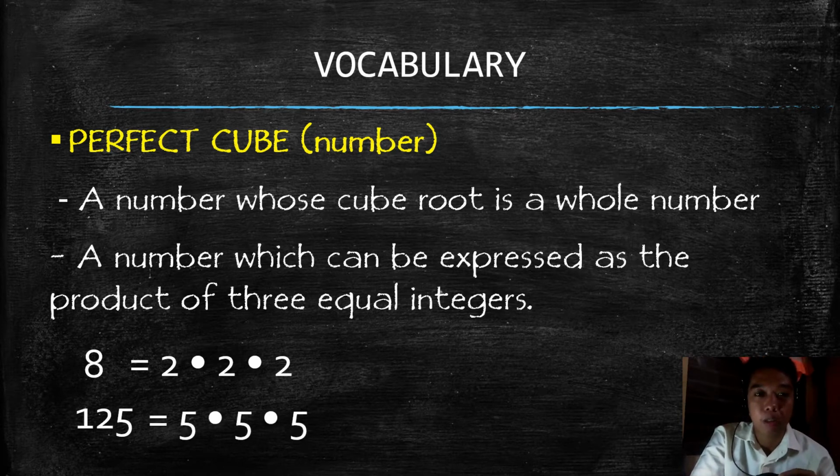So, ang 125 can be expressed as the product of 5 times 5 times 5. Kaya siya perfect cube number. Tatlong numbers na kapag minultiply mo together, you will get a perfect cube number considering the situation na yung tatlong number na yon ay pare-parehas.